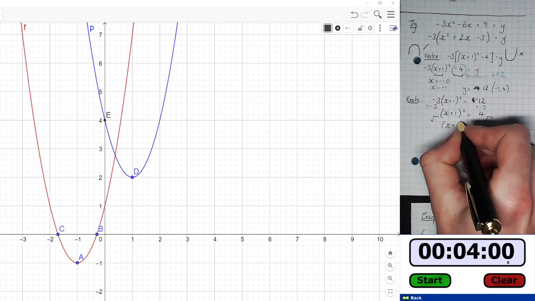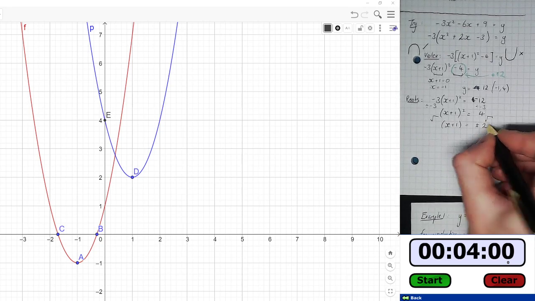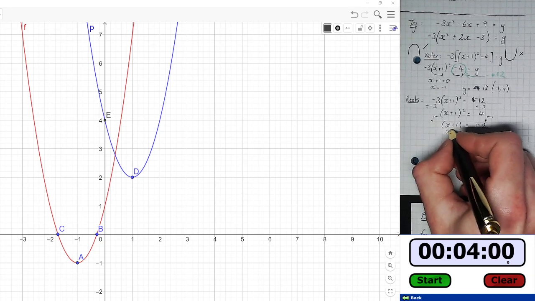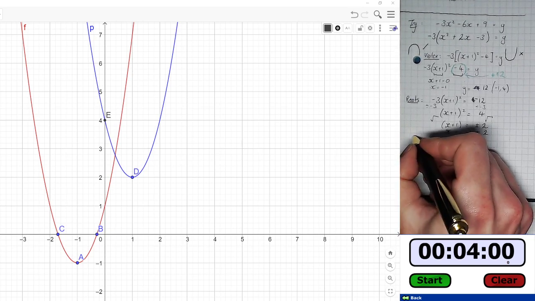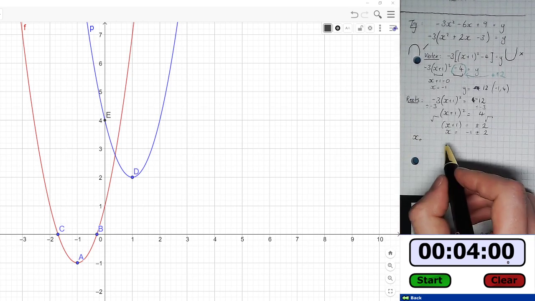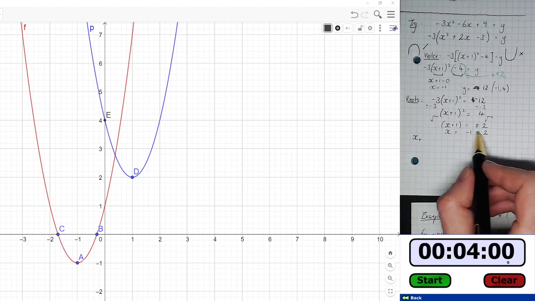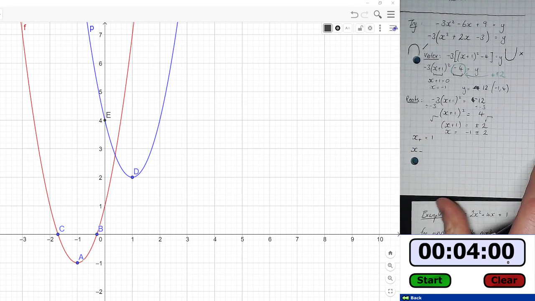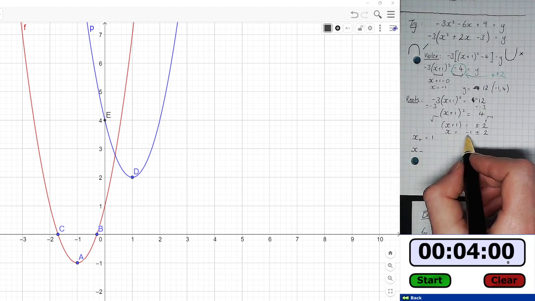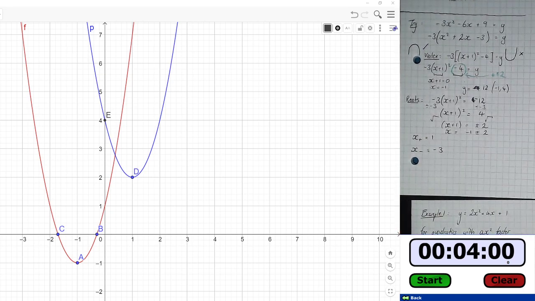So x plus 1 is equal to plus or minus square root of 4, which is 2. So then x is equal to negative 1 plus or minus 2. So x with a plus, we will have negative 1 add 2 is 1. And x with the subtract, we'll have negative 1 take away 2, negative 3.